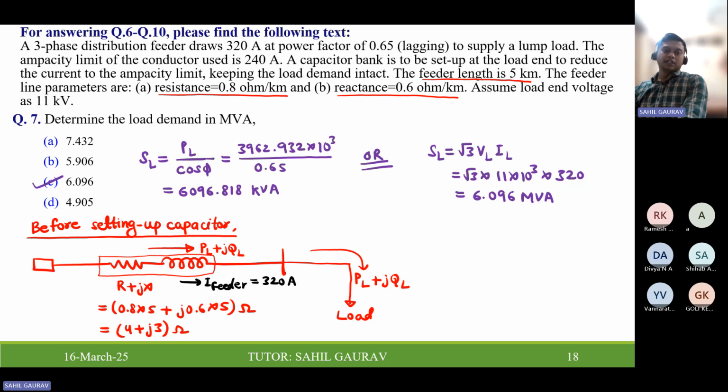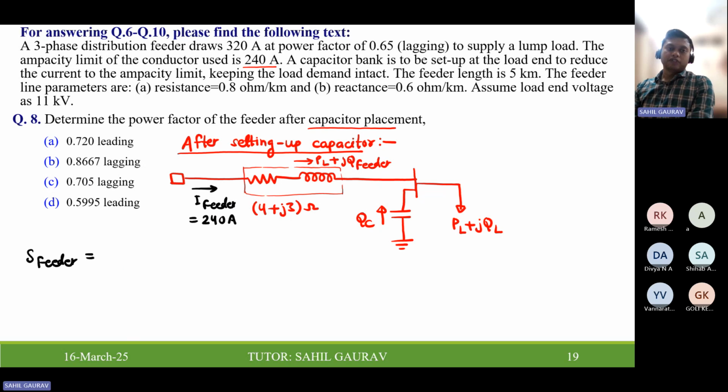That is the difference. You can see what is the advantage of capacitor placement. After setting up capacitor, the current flowing through feeder gets reduced. Before that, it was 320 ampere. After capacitor placement, the current flowing through feeder is 240 ampere.